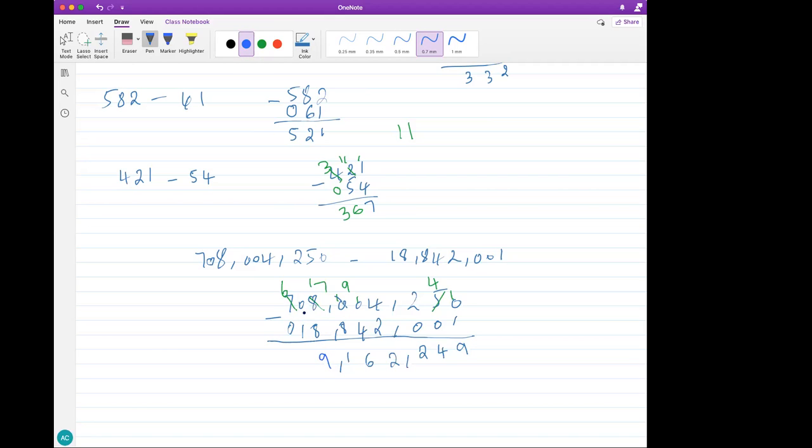And still have a lot of issues here. Now we have 0 take away 1. Obviously, again, we can't do that. We're going to borrow from the 6. The 6 turns into a 5. And the one we borrowed will go over here. So now we have 10 take away 1, 9. Finally, 5 minus 0 is 5.